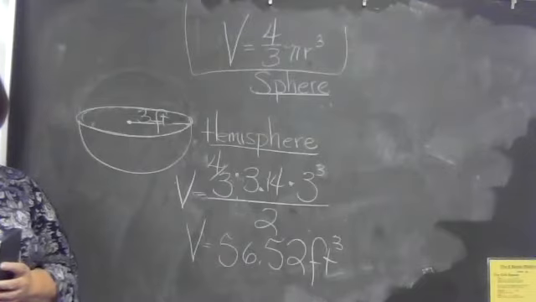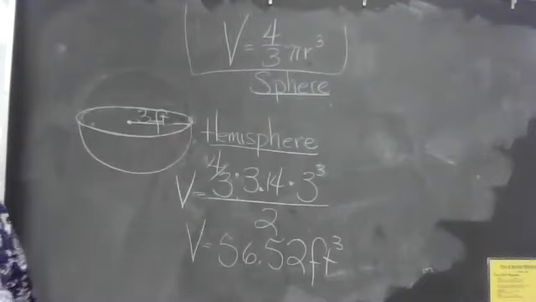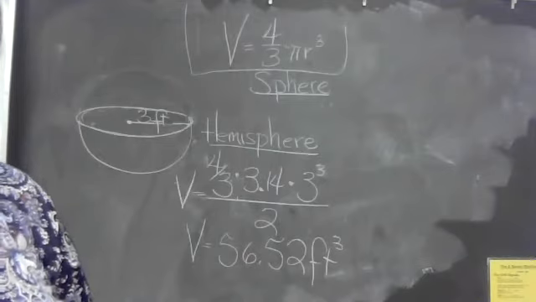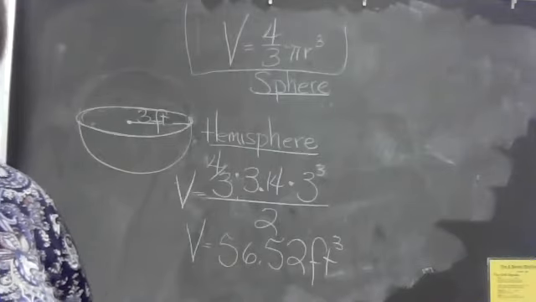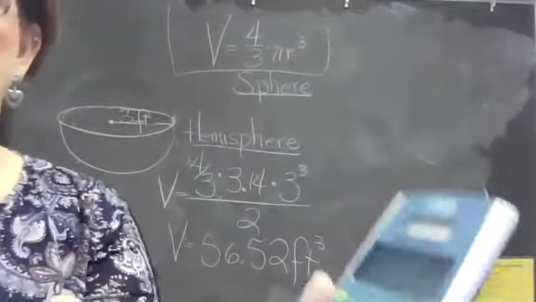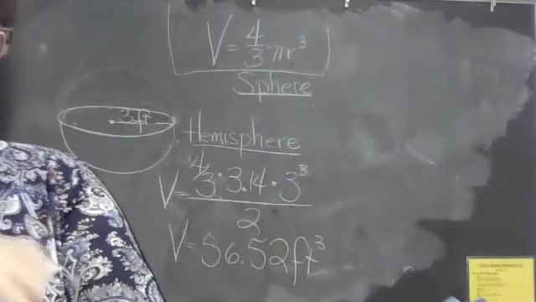Doing okay? How do I do the third? The 4/3 times 3.14 times 3 cubed. Oh, you want to know how to do the cubed? I know how to do the cubed, but it's not going to the third. Okay, watch this.